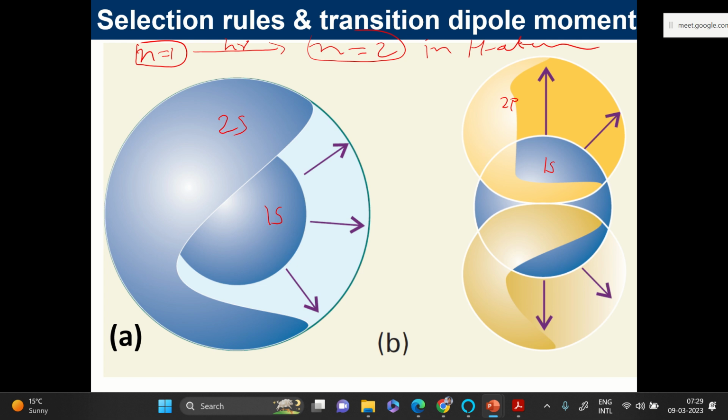When I tell you that in the hydrogen atom I am giving energy in the form of hν, the visible light is falling upon it. So what should be the transformation? Should the electron go from 1s to 2s or 1s to 2p? What should have happened?